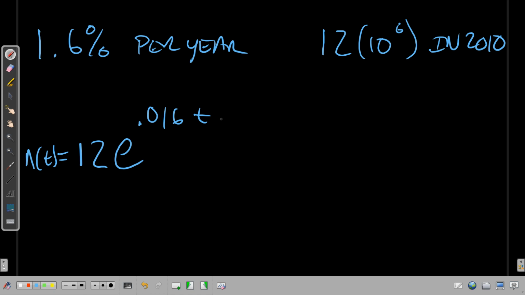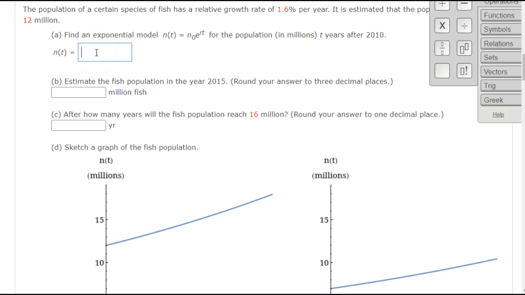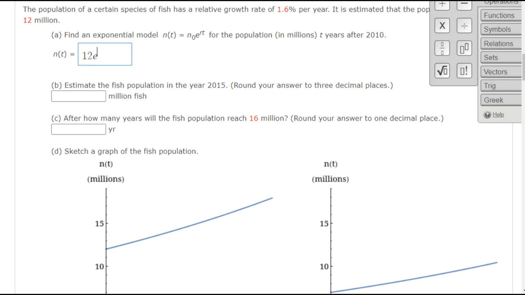Okay, and I guess that's the answer to part 1. N of t is equal to 12 e to the power 0.016 t.